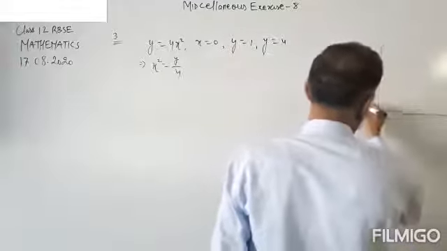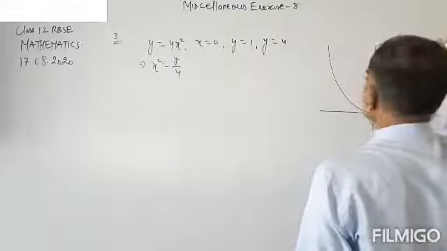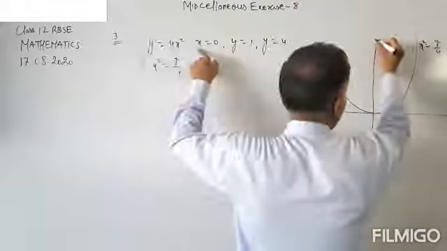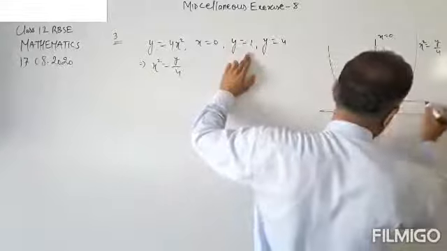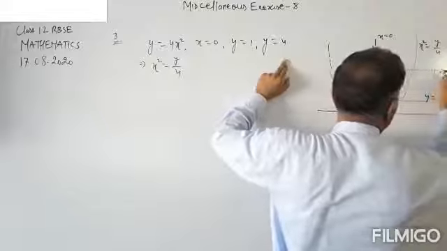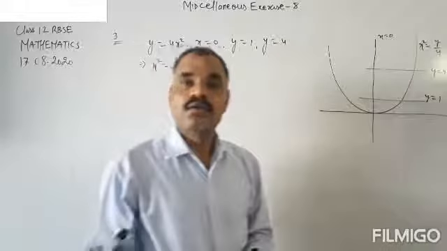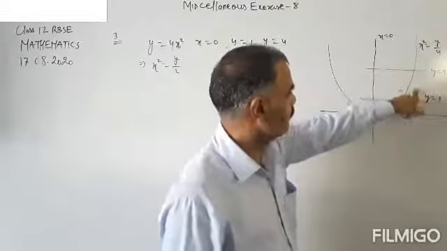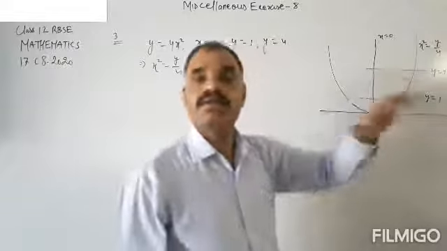Here x equals 0, y equals 1 and y equals 4. So we want the area of the region bounded by the parabola, x equals 0, y equals 1 and y equals 4 in the first quadrant.